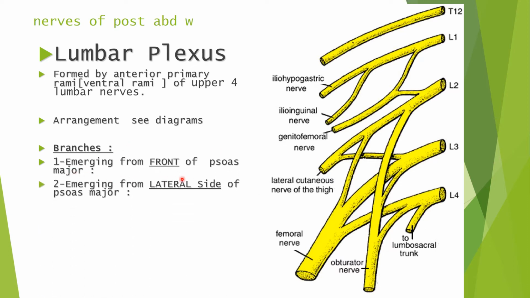The branches emerge from the front of psoas major as genitofemoral nerve, or emerge from the lateral side of psoas major as iliohypogastric, or from the medial side of psoas major as obturator nerve.